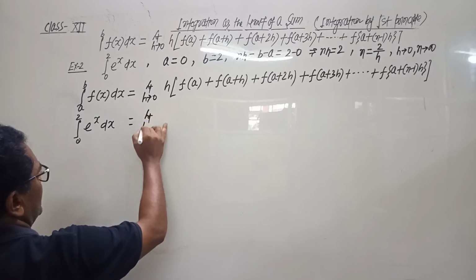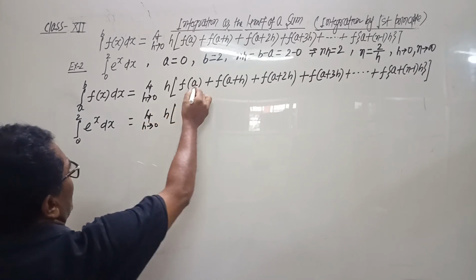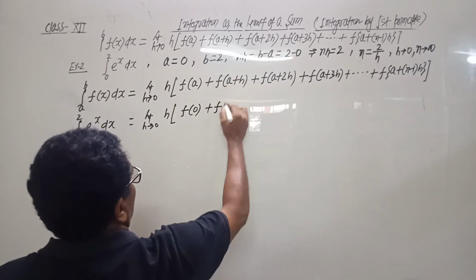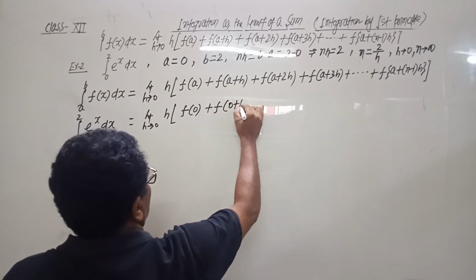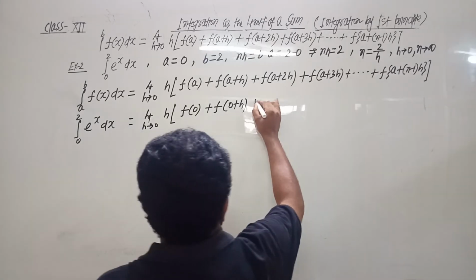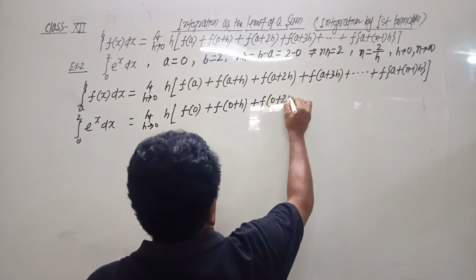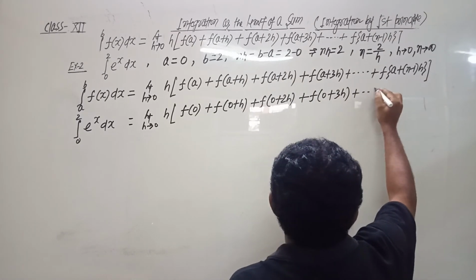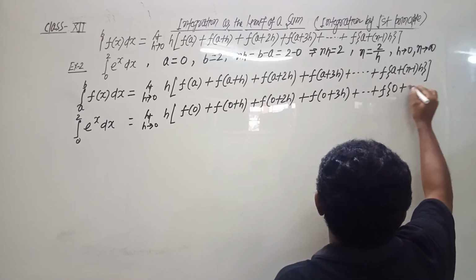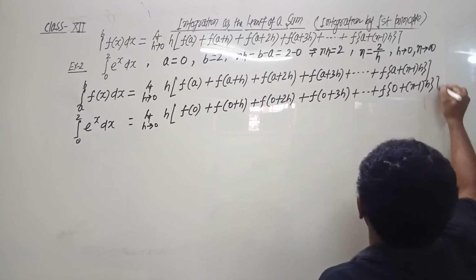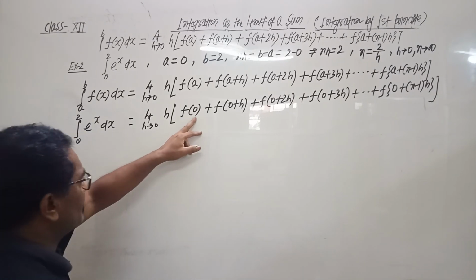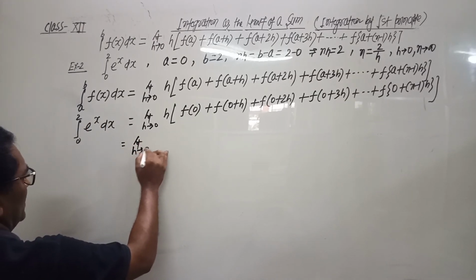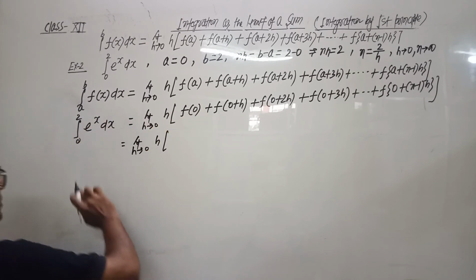So limit h tends to 0 of h times [f of 0 plus f of 0 plus h plus f of 0 plus 2h plus f of 0 plus 3h and so on up to f of 0 plus (n minus 1)h]. Then we put the value of x equals 0.